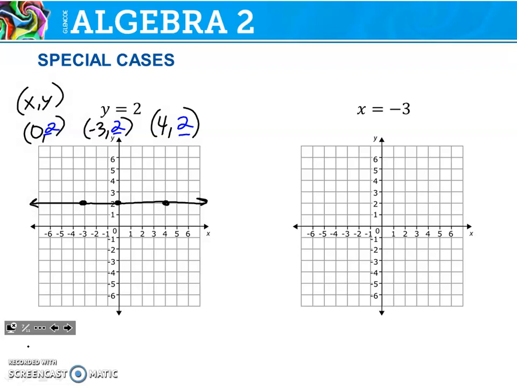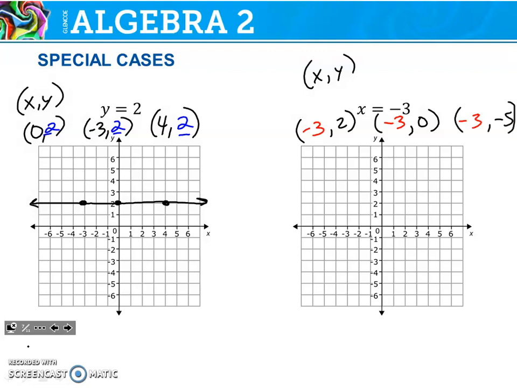Okay? Vice versa, if I have an X equals -3, we're going to write a bunch of points where our X is -3. So I could have -3, 2. I could have -3, 0. I could have -3, -5.